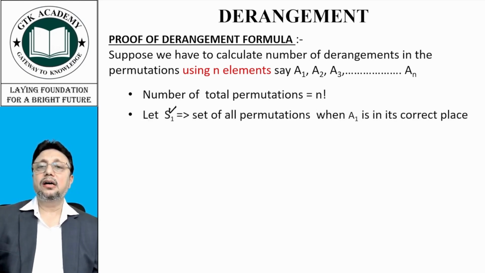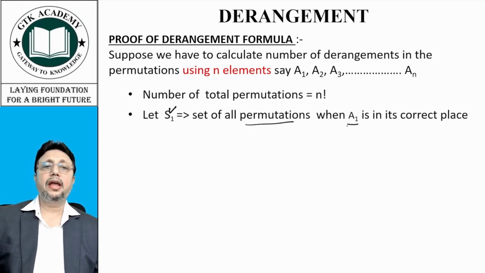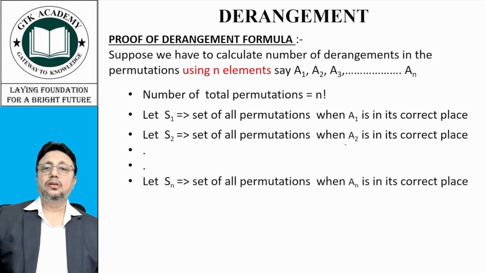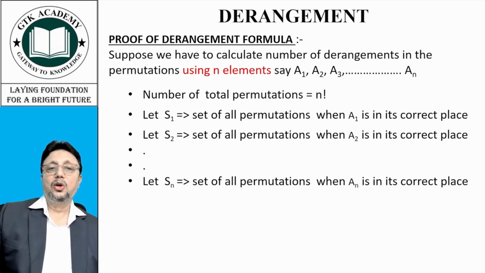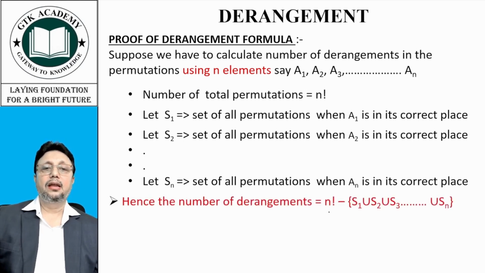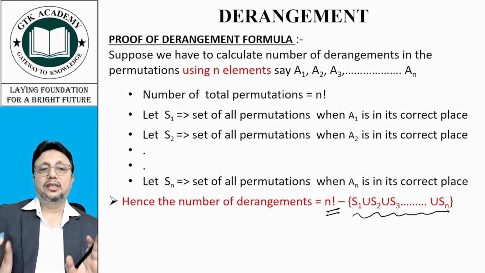Suppose S1 is the set of all permutation where A1 is at its correct place, S2 where A2 is at its correct place, S3, S4 till Sn means set of all permutation where An is at its correct place. So how will you get the derangement? You have to subtract S1 union S2 till Sn from factorial n. Means from factorial n, you have to subtract the union of all these sets, S1, S2, S3 till Sn.